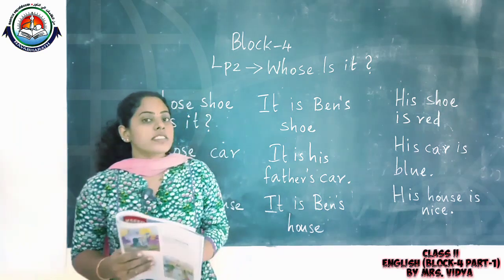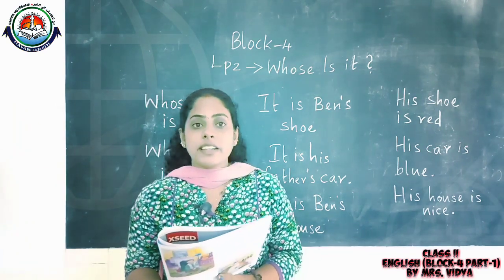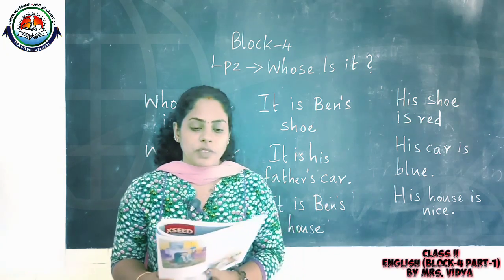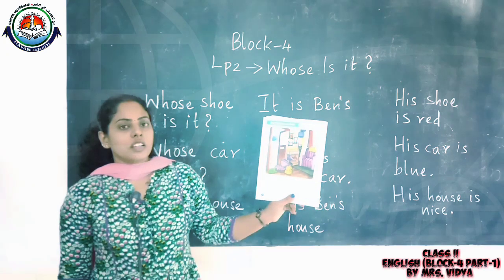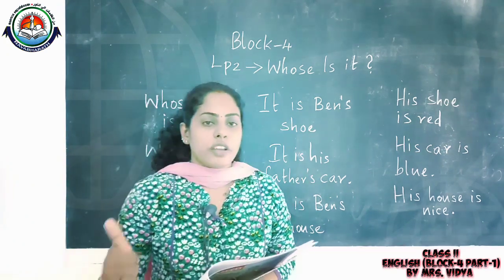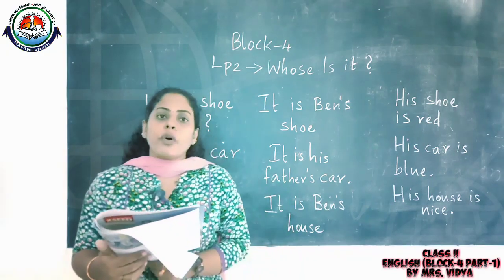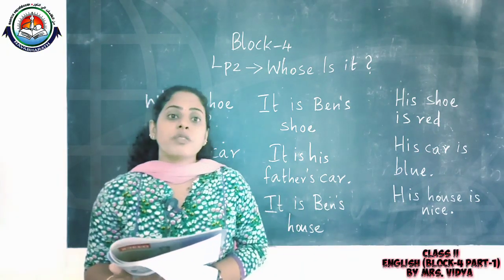So which story is this? This story is Ben's Christmas Wish. Okay, so all of you take this picture. Taken? Okay, fine. So point out the things that belong to Ben's family.